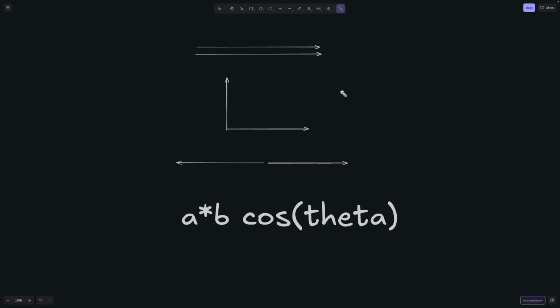If you remember how cos theta works, cos 0 is 1, cos 90 is 0, and cos 180 is minus 1. Hence it explains why this is positive, why this is 0, and why this is negative. And what is this magnitude? This is simply the square root of the sum of squares of each of the components of the vectors. So that's the formula.